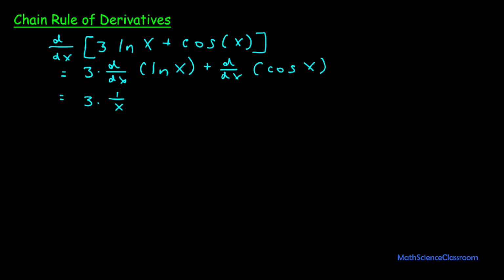Now notice, the derivative of the natural logarithm of x equals 1 over x, plus negative sine of x, equals 3 over x minus sine x. That's the final answer. So we'll circle that.